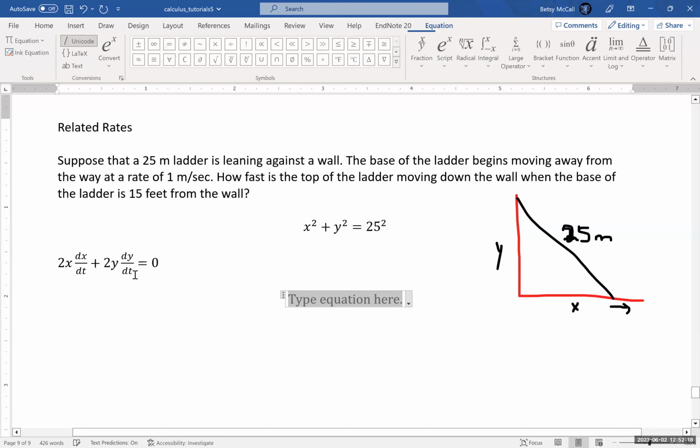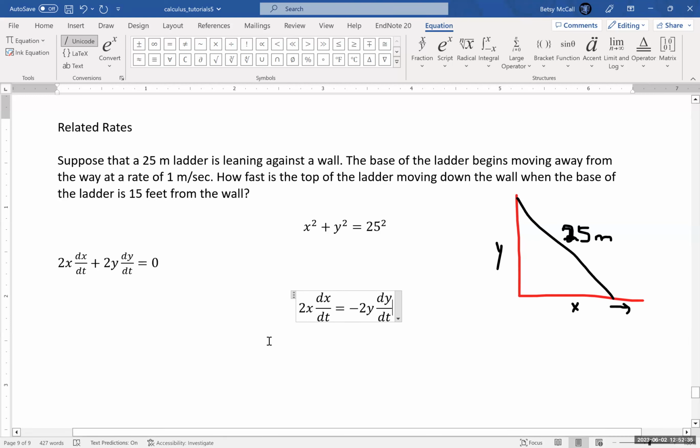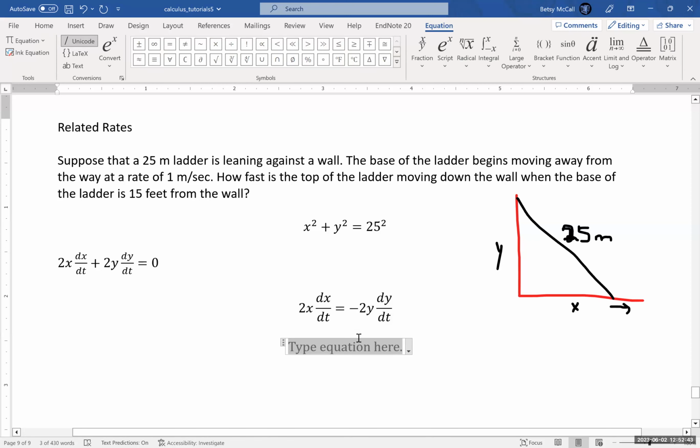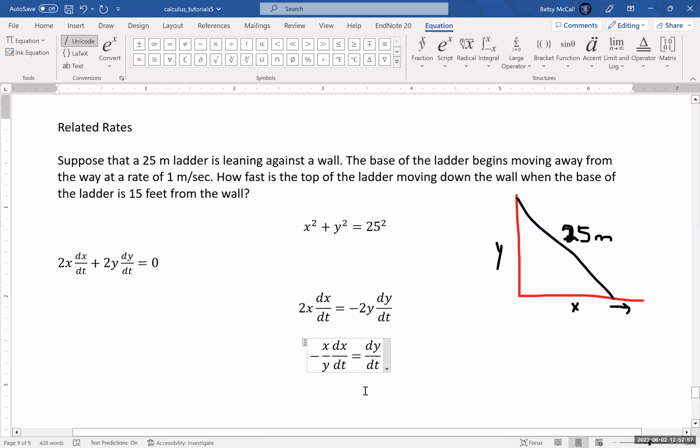If we do that, let's do 2x dx/dt is equal to minus 2y dy/dt, and then divide by minus 2y. The 2's are going to cancel, and we end up with minus x over y times dx/dt is equal to dy/dt.